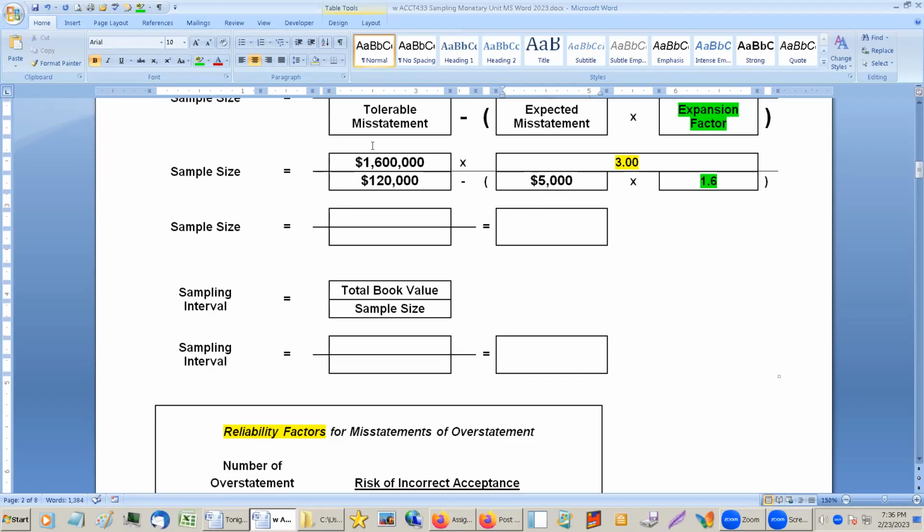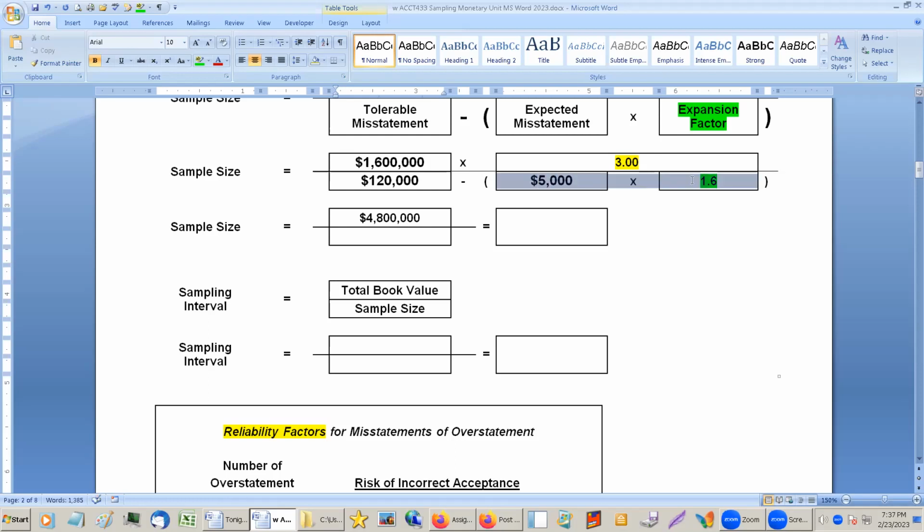All right, so now we're just going to multiply it out. So 1,600,000 times 3 is 4,800,000.